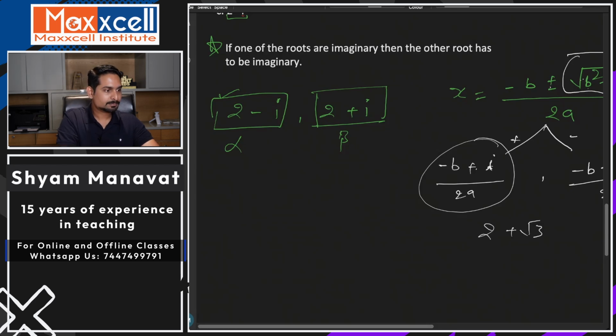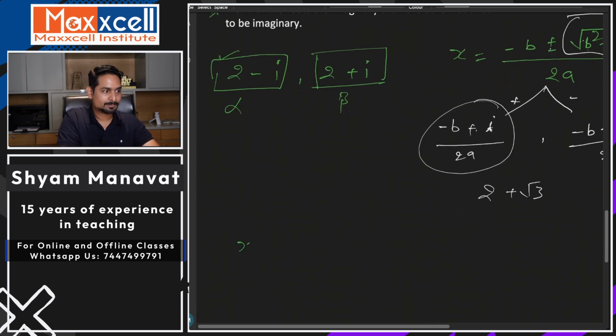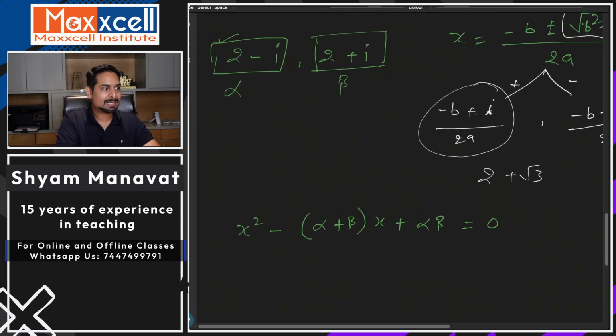So what is the quadratic equation in the form of roots? x square minus alpha plus beta x plus alpha into beta equals 0. Let's say alpha is 2 minus i and beta is 2 plus i.